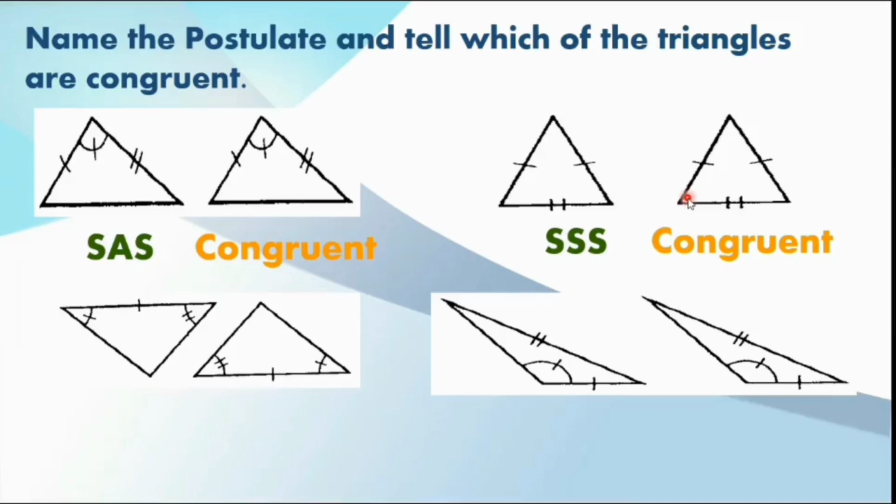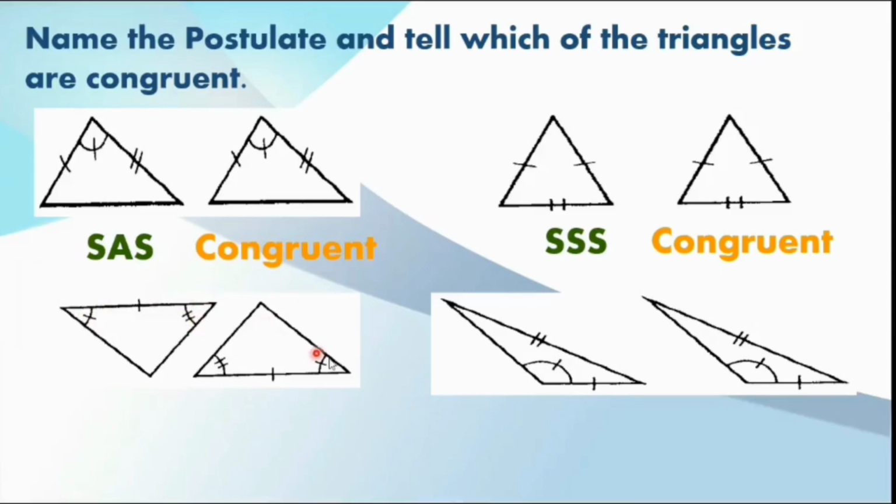Next is number 3. Let us identify the 3 pairs of corresponding parts that are marked congruent. We have 2 pairs of angles and 1 pair of sides. Okay, so let us see. We have angle, side, angle.